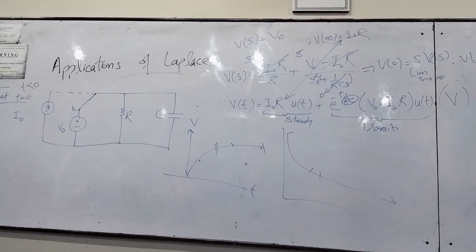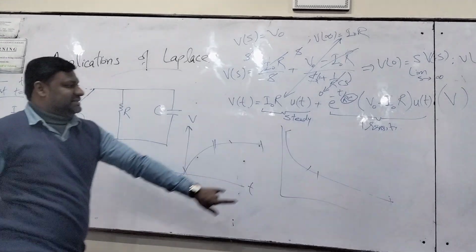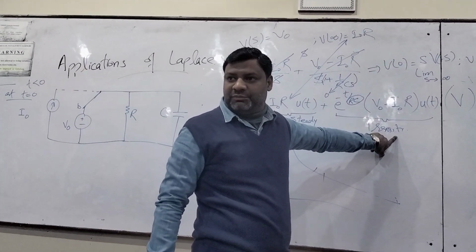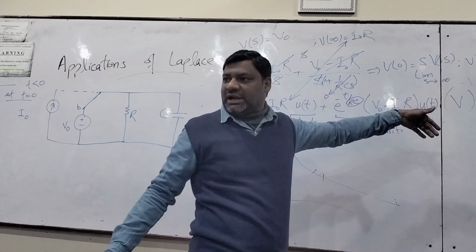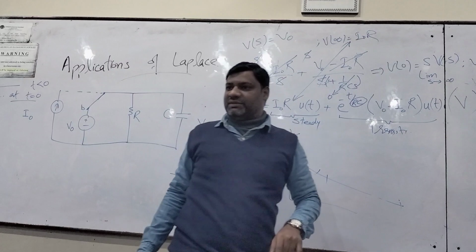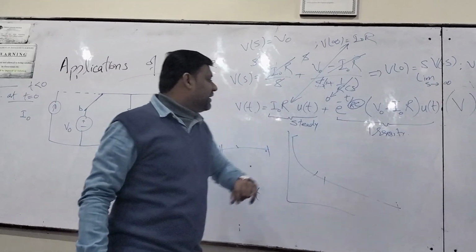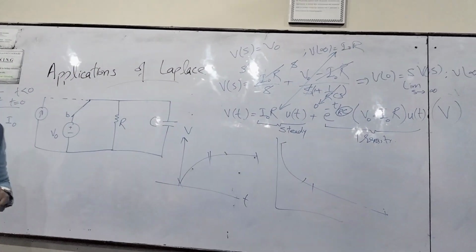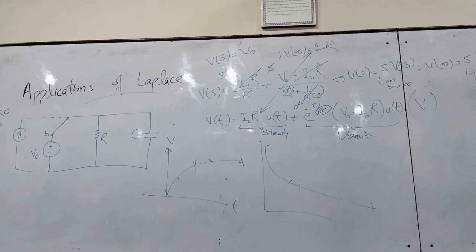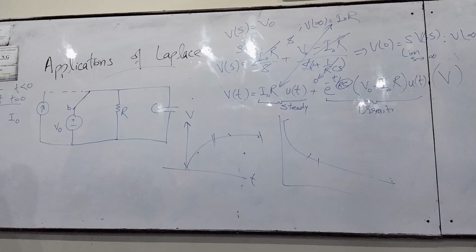Okay? And what happened? Meanwhile, this term will give you the information. In between time t equal to 0 to infinity, it will give you the transition state. So in this way, we can find out the steady state and transition response. There was another term, natural and forced response.